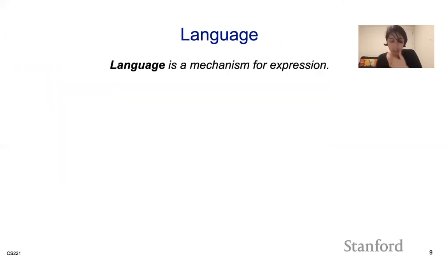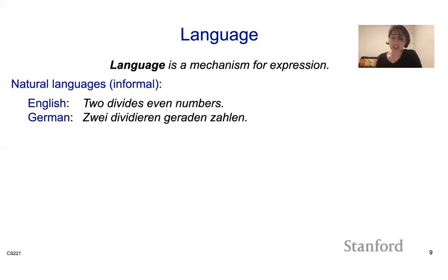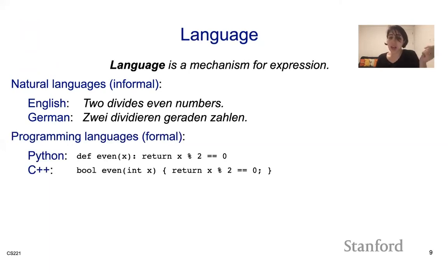When we talk about language, it doesn't need to be natural language, right? Language is just a mechanism for expressing things. It's just a way of expressing. Natural language is an example of a language that allows us to express things. It's kind of informal. We also have programming languages, which are kind of formal, like Python or C++.